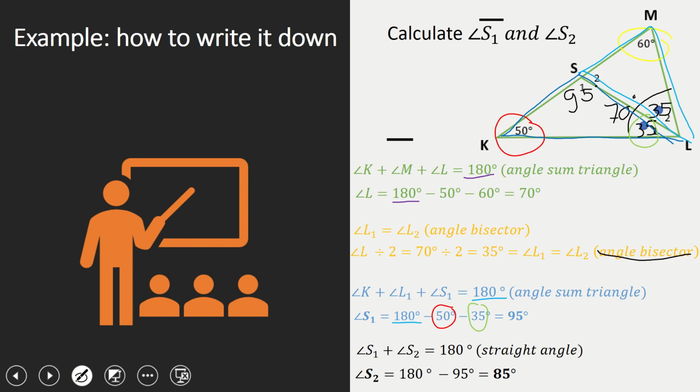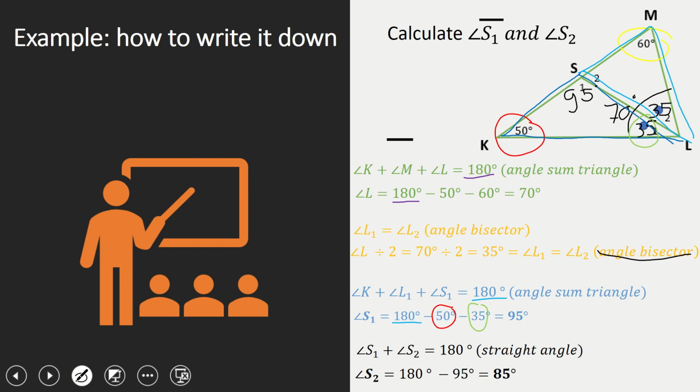So this is how you must write it down. I want you to show me the letters with a reason in brackets, and then you're going to show me your calculations. If your calculations are a bit different, it's fine as well, because I also showed you that you have many opportunities to calculate angle S2 and angle S1. But it's most important to write down the reasons why you use, for instance, 180.